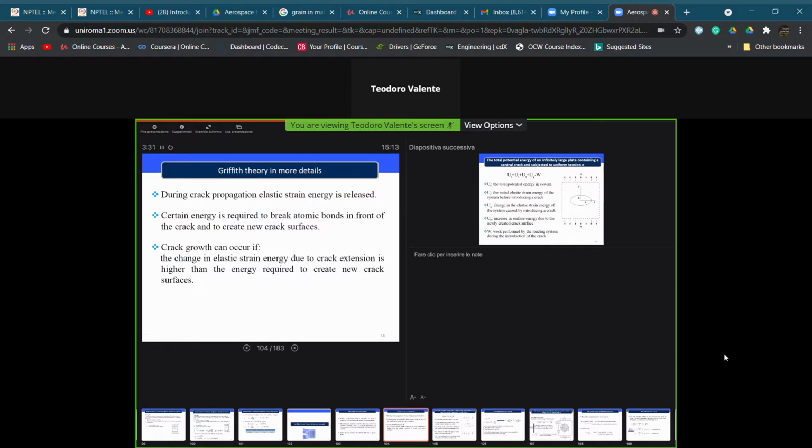The second one is the energy which is required to form new surfaces. And thus, considering these two concepts, the theory is based on the consideration that the crack can grow only if the elastic strain energy released due to crack extension is higher than the energy which is required to create new crack surfaces. This is the basic point for the Griffith theory.